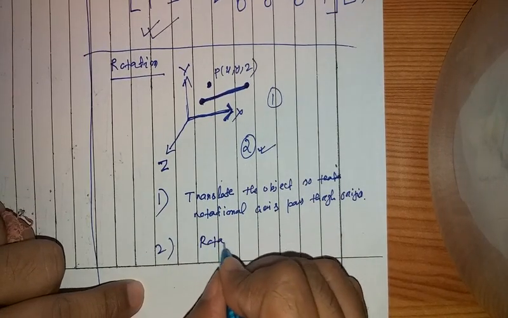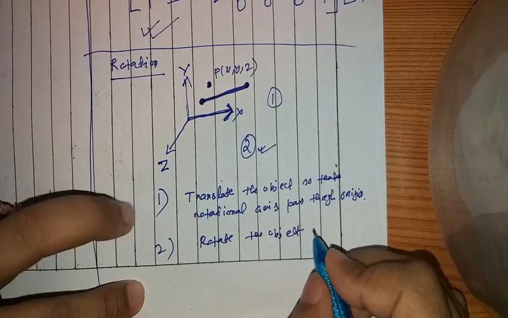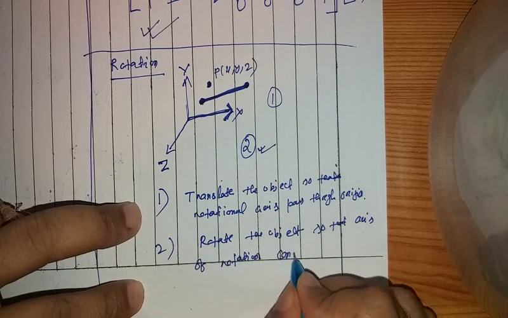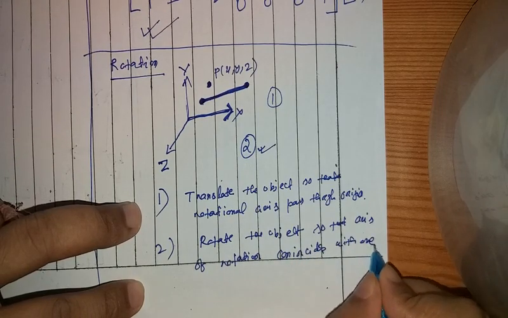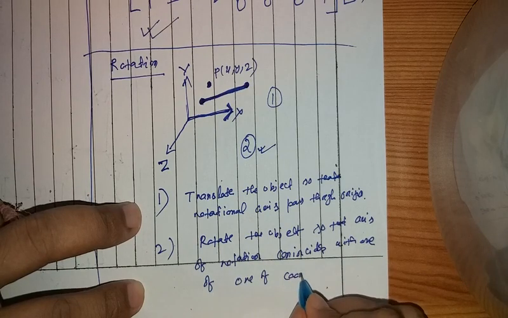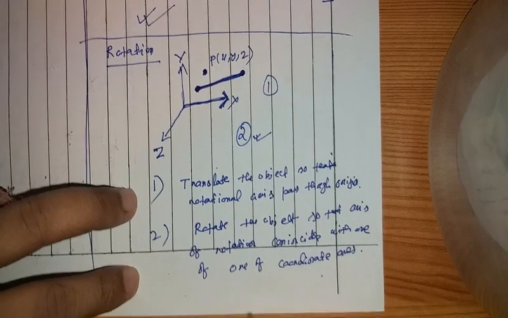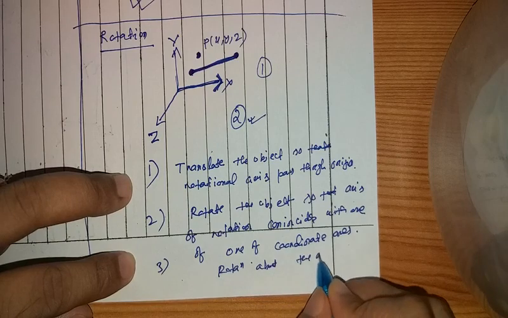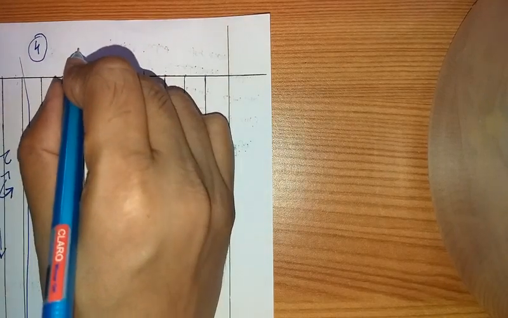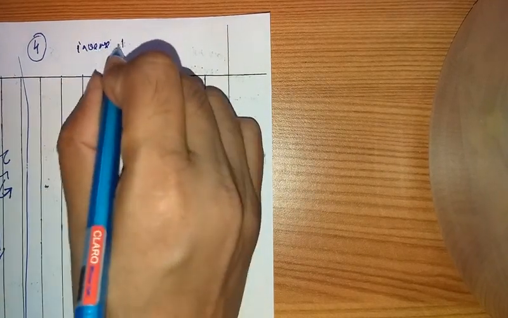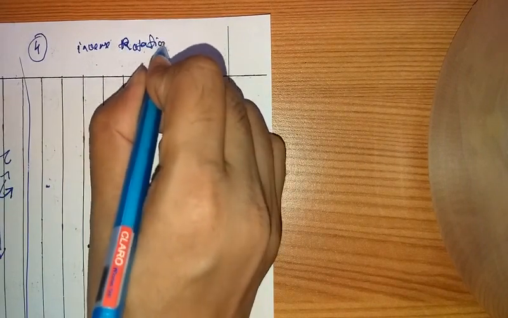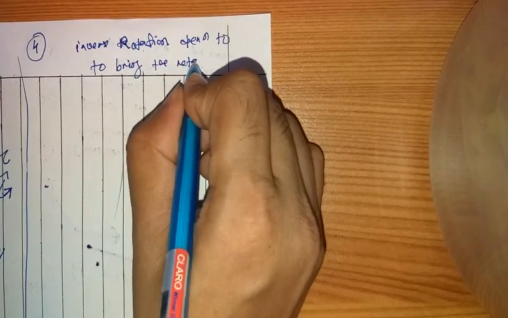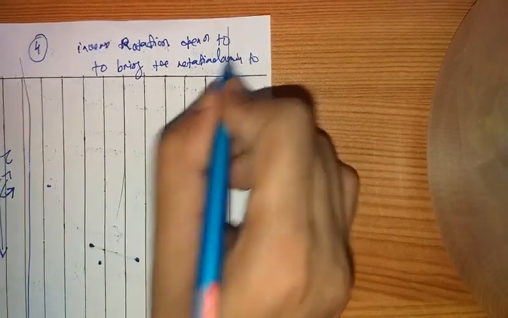Now rotate the object so that the axis of rotation coincides with one of the coordinate axes. Now perform the rotation operation about that axis. Then apply the inverse rotation operation to bring the rotational axis back to its original orientation.